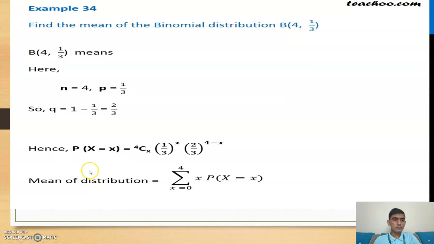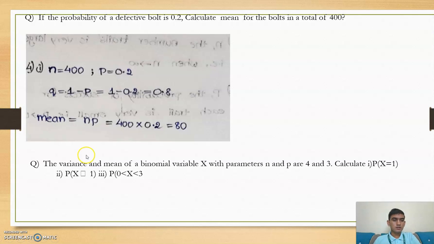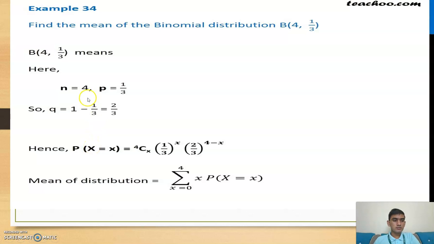So now we will see some examples. The question says find the mean of the binomial distribution B(4, 1/3). Here we have to find the mean. In the question we are given the number of trials n is equal to 4 and probability of success p is 1 by 3. First we will find q.